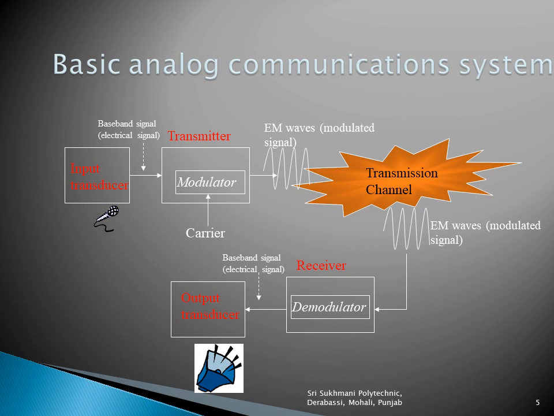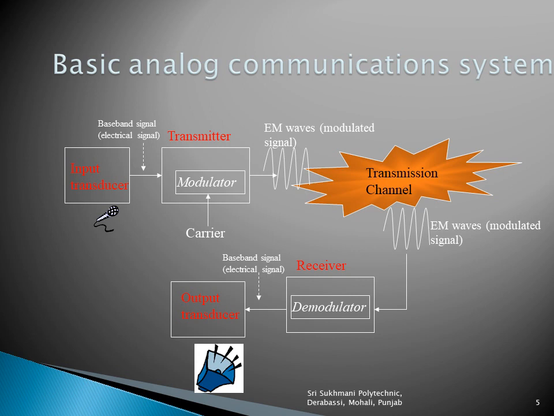The characteristics of the carrier are modified in accordance with the input electrical signal. So the carrier characteristics are changed, and this is known as the modulated signal. The output of the modulator is a modulated signal. The modulated signal goes to the transmission channel. The transmission channel can be wireless or wired.